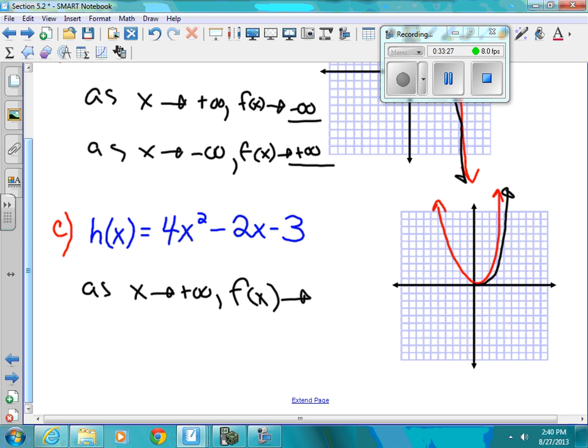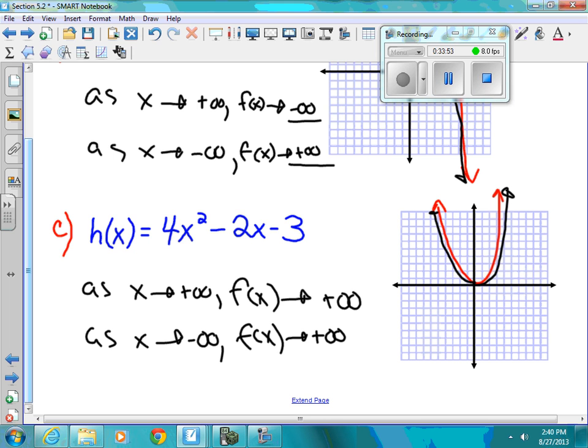So if it's going up, we're going towards positive infinity. If we look at what the function is doing as x gets smaller, as x goes to the left into negative numbers, as we trace the graph to the left, the graph is generally going up. So we say it's going to positive infinity.